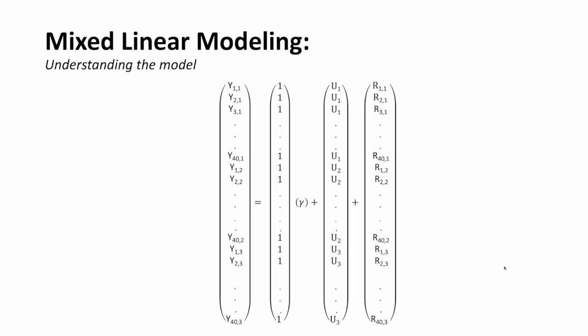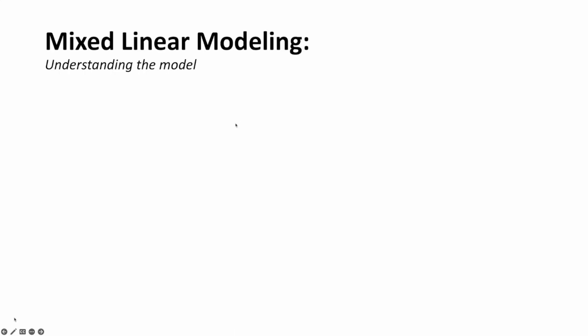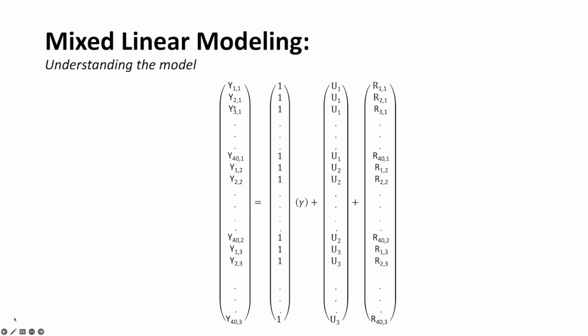Okay, now what does this actually look like in practice? Well, in terms of what we're seeing here, if you look on the left, if there are 40 individuals, then we're seeing that there are 40 participants across multiple time points. We can see that there are 40 individuals, and then we have three different time points. So we have Y1 through Y40.